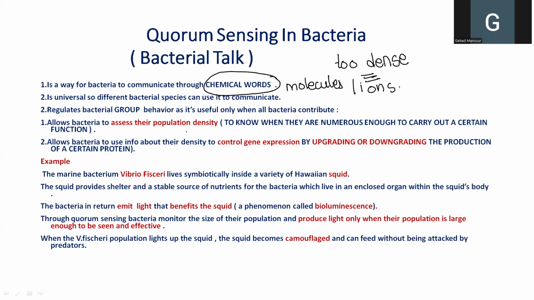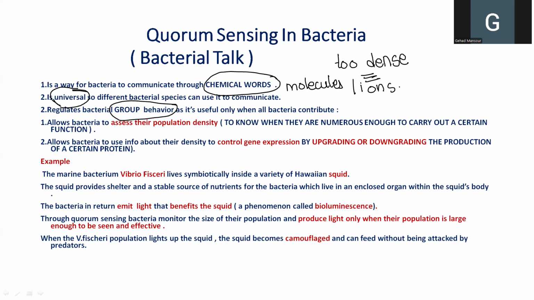We might ask why it is universal. It is universal because it is utilized by all bacterial species. We might also ask why it is considered a regulating factor for group behavior. It's a kind of group behavior because this kind of bacterial talk through chemical molecules occurs only when the bacteria are numerous enough. And when they are numerous enough, all of them contribute to that bacterial talk.